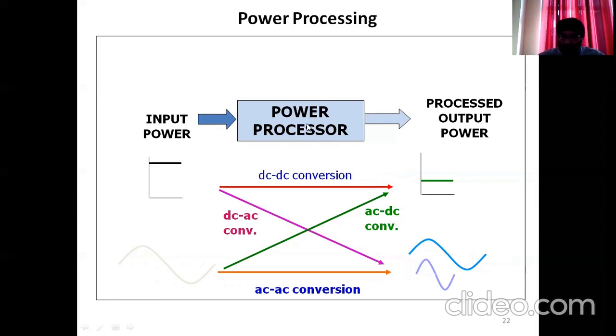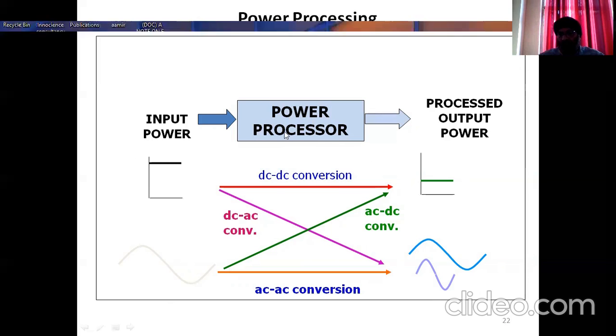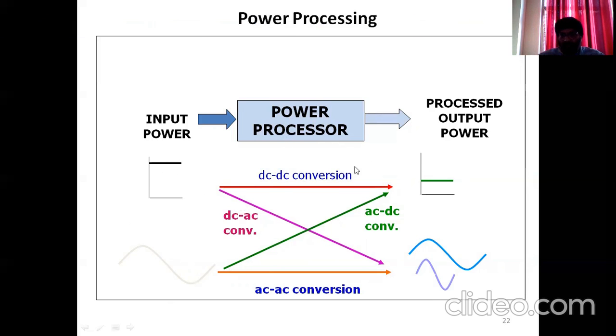And what is inside this power processor? If we want to get from this input of DC to AC, we need a DC to AC converter inside this power processor. Or AC at the input and DC at the output, we need an AC to DC converter in the power processor. Or input DC and output varied DC, we get DC to DC conversion, or AC to AC conversion in the power processor.